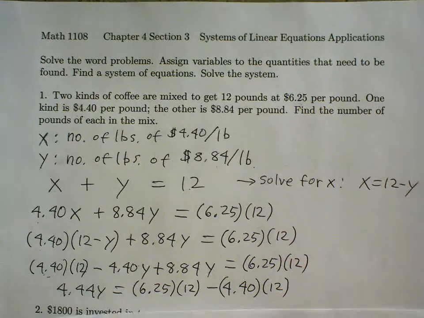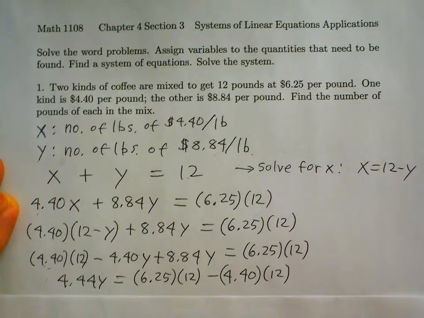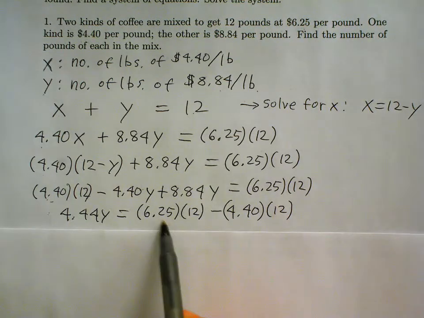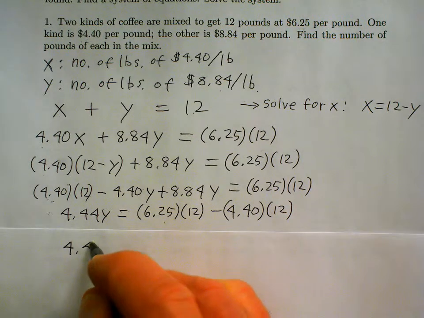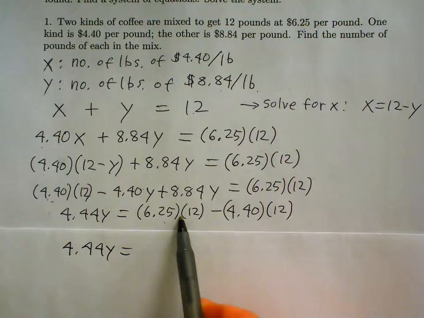And since I'm operating without a calculator, I'll just do some algebraic maneuvers. So on the right-hand side of that equation, notice that each of the terms has a common factor of 12.